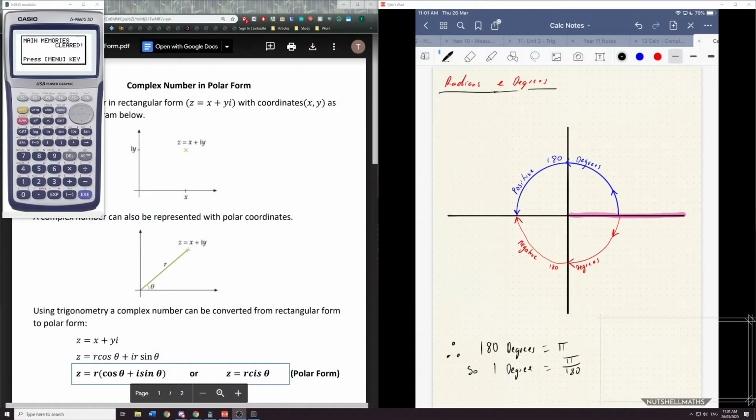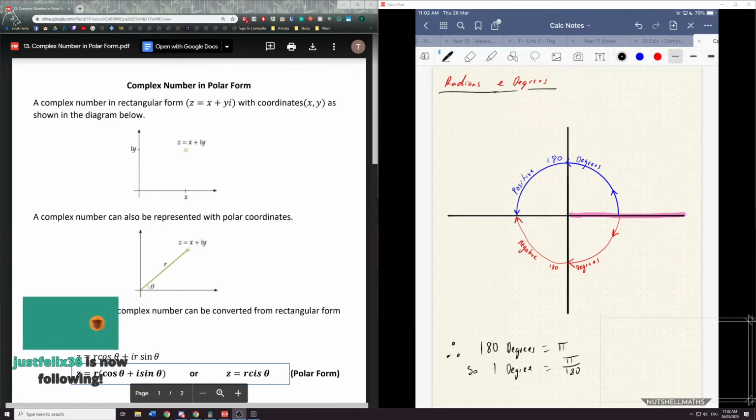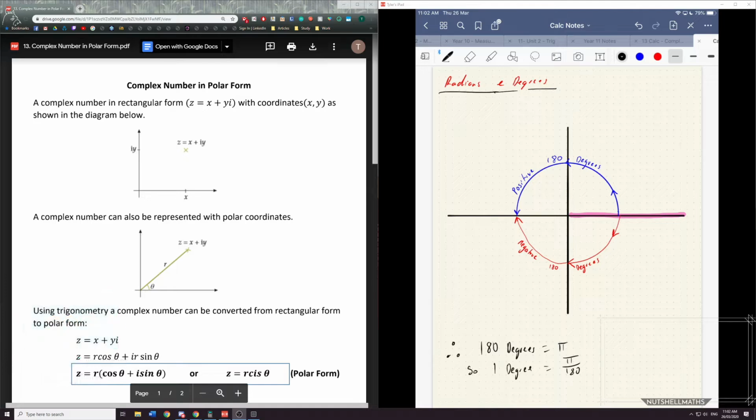Yo. Oh, my cam's not working. Oh no. Let me fix that. Hold on. No. Oh no. I'm trying to fix it. Here we go. Webcam. Properties. Deactivate. Activate. Still not working.